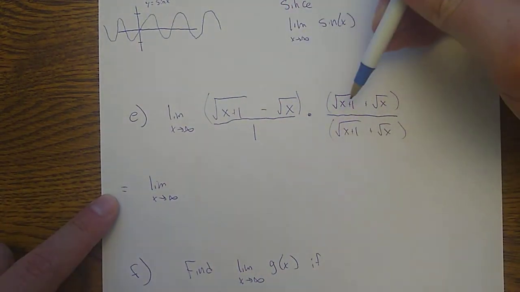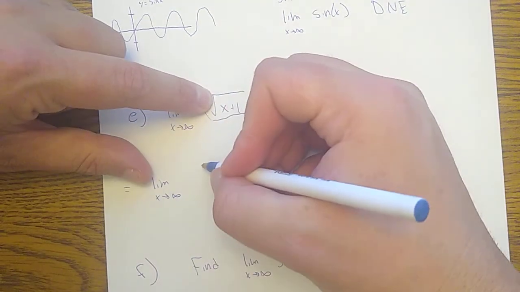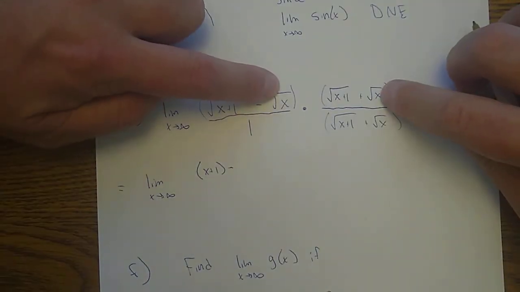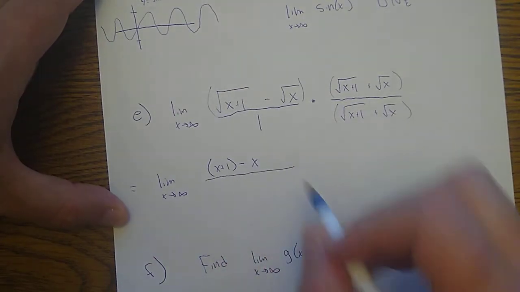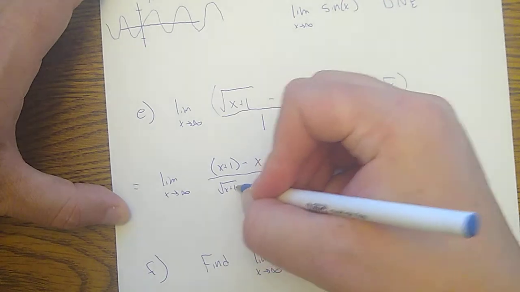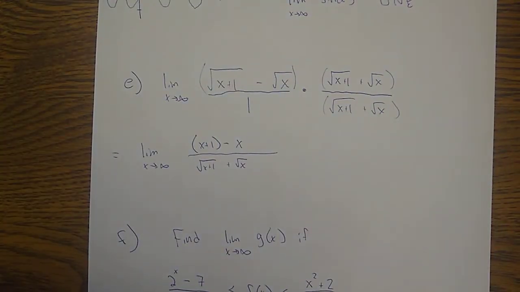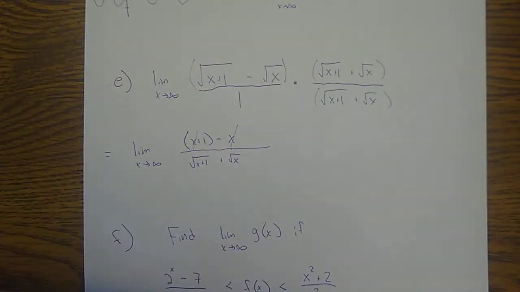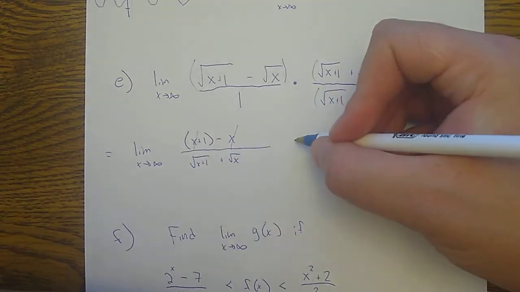Remember, this turns into the difference of two squares. So I'm going to have this thing squared, which is just x plus 1, minus this thing squared, which is just x. And on the bottom, there's nothing to do. So I've just got this. Okay, now I've got a minus x and a plus x, so I just have 1 over this.